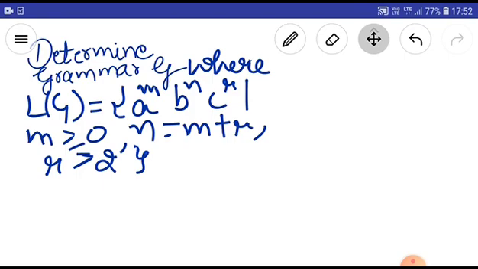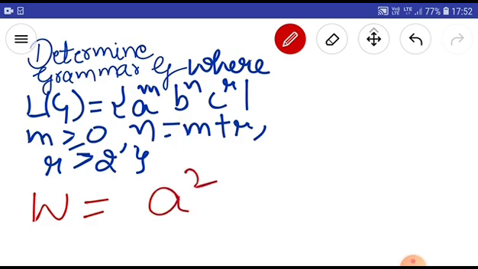So if I am taking one string W equals A square, B raised to power 5 and C cube, this string is acceptable by this grammar. How is this acceptable? We can check from these constraints or conditions. Here, in place of M I am taking 2. M value can be greater than or equal to 0, so this completely satisfies my condition.